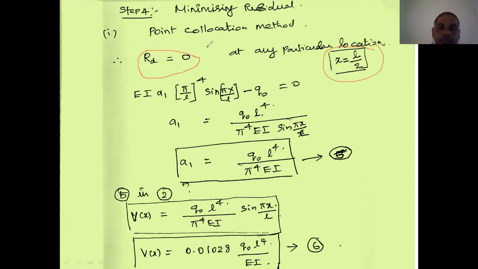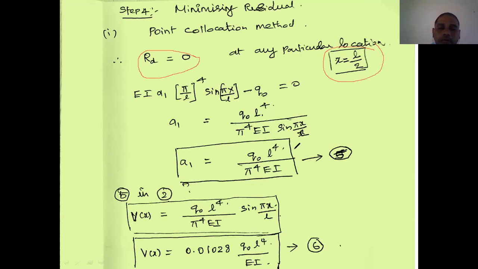So in such a case, we need to apply this location. Instead of x, we have to put L by 2. If you put L by 2, in the starting itself, we can make this term 1. Why? Because you will get sine pi by 2, sine 90, the value becomes 1, and it will be the maximum value here.